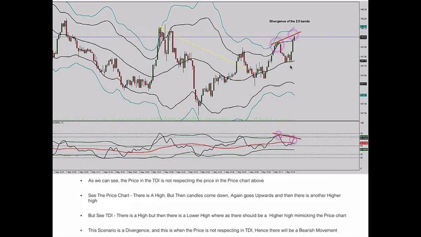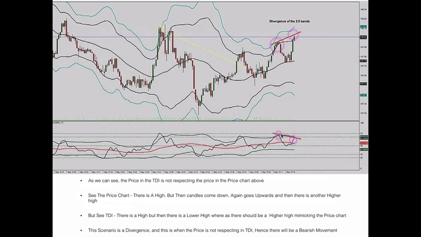It goes up, comes down, goes back up, but after this high there is a big high, the higher high, but here the price is not respecting that. See the price chart, there is a high, but then candles come down, go upwards again, and then there is another higher high. But on the TDI there is a high here, but then there is a lower high.